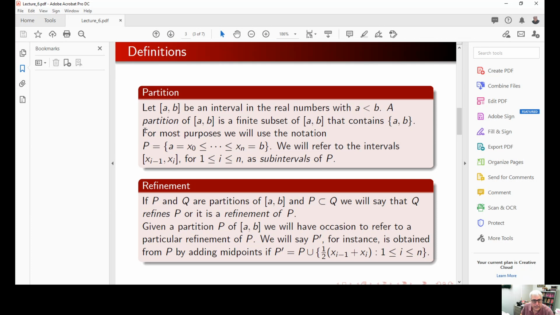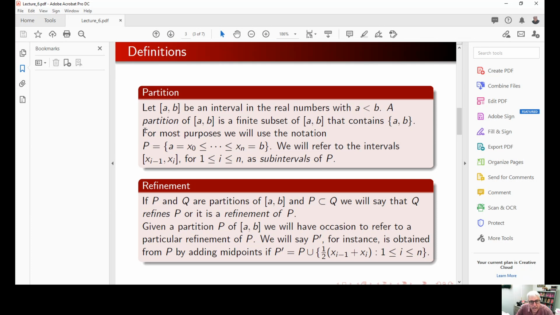Okay. Now, a partition. What's this? First off, this is a place where analysis uses a word that algebra uses, but we use it in a slightly different way. Similar in intent, but different in how it plays out.